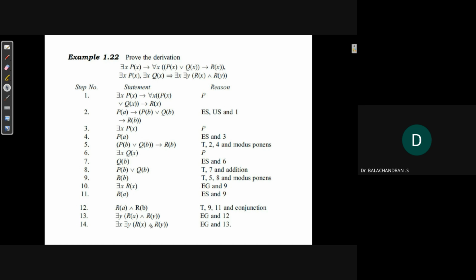So R of X and R of Y. So this is a slightly difficult problem.